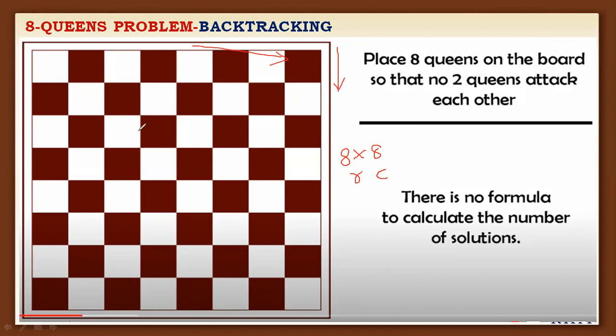And the objective of the 8-queens problem is to consider 8 queens starting from Q1 to Q8.